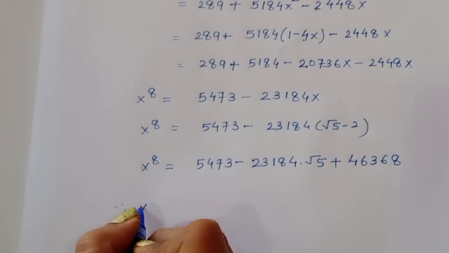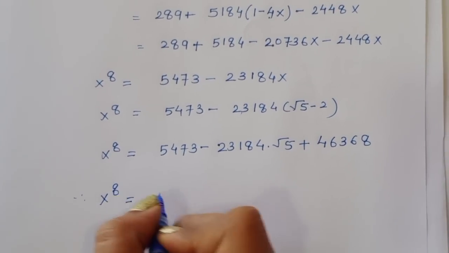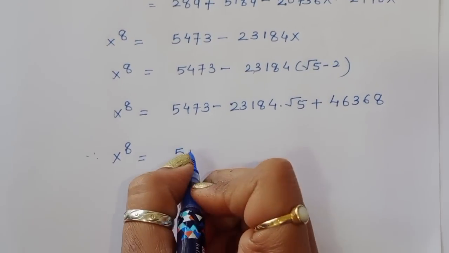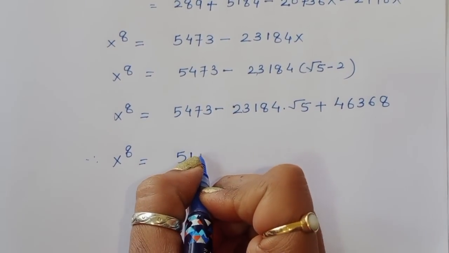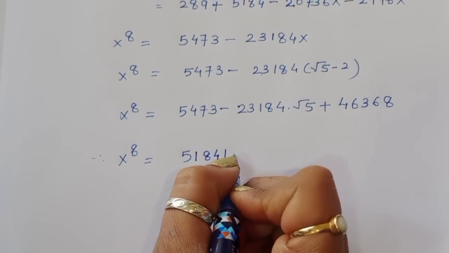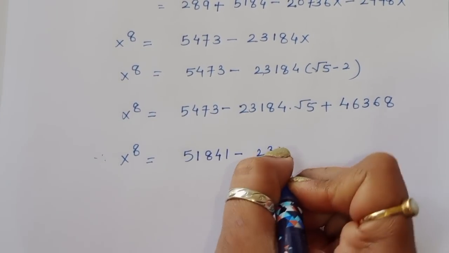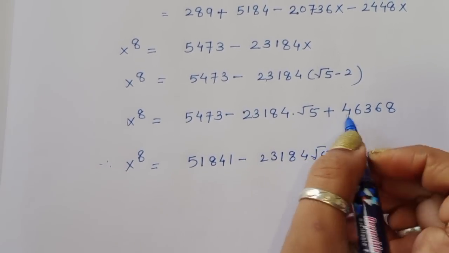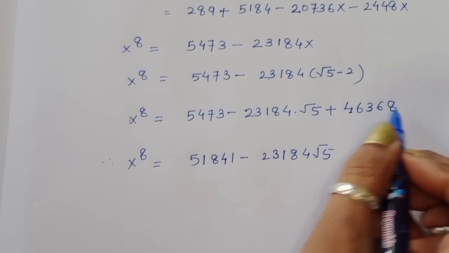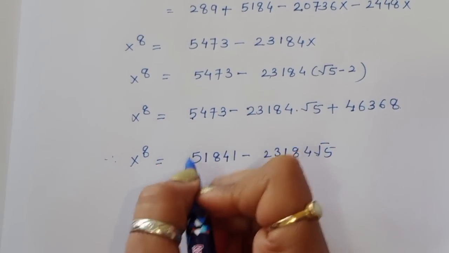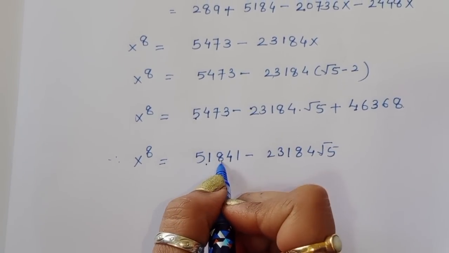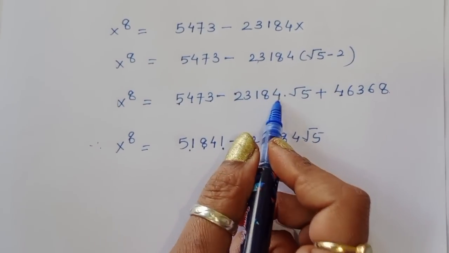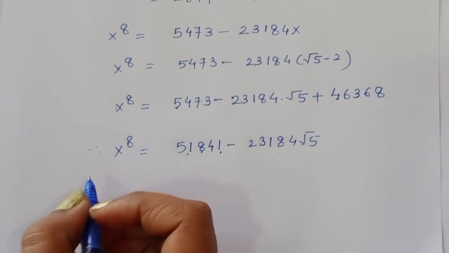Therefore x power 8, when we add 46,368 and 5473, we get 51,841 minus 23,184 times square root of 5.